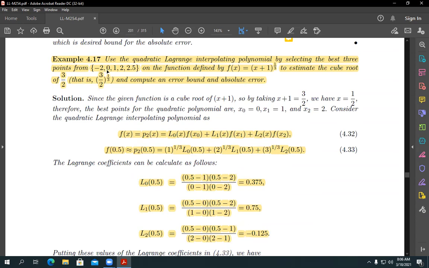Also, you are not given the interpolating points directly, so you have to find them yourself. This is the value of the function at any x, but this is the value of the function at the given x. You can see the power 1 by 3. So in place of x plus 1 we have 3 by 2, and then you can easily find the value of this one.